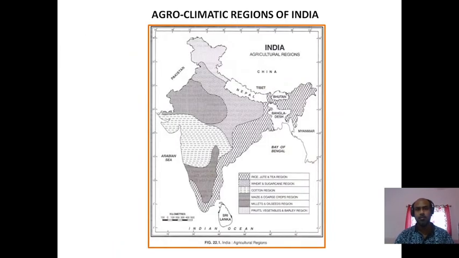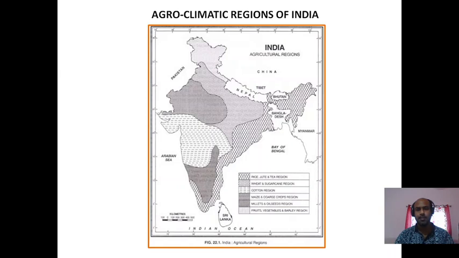And this is the map of agroclimatic regions of India. That means depending upon the popularity of different crops grown in different regions of India, we have divided India into different agricultural zones.